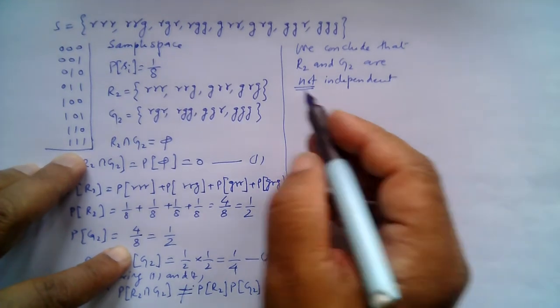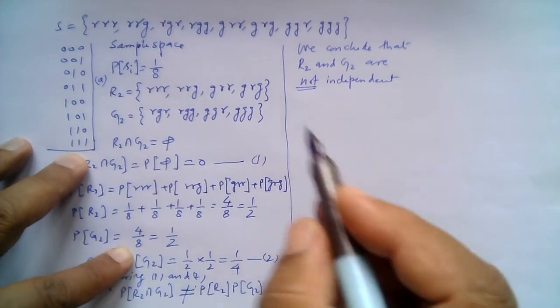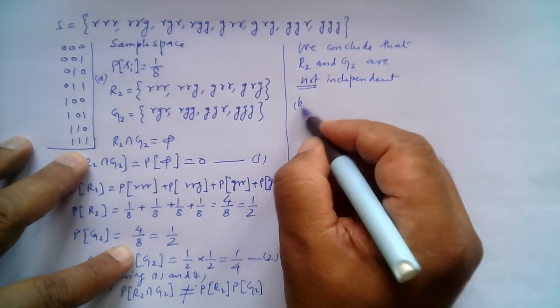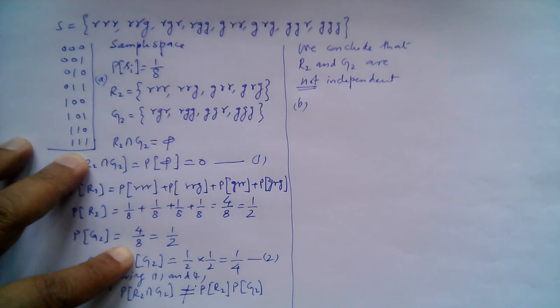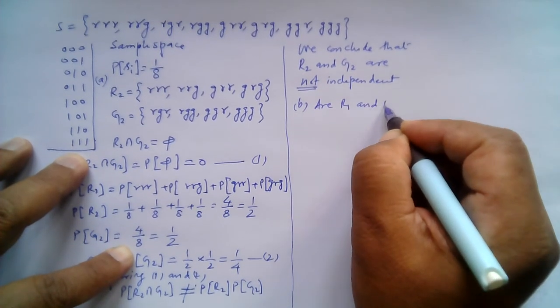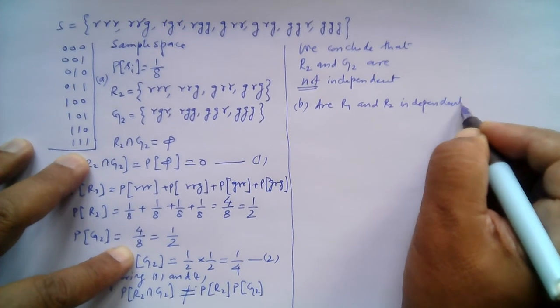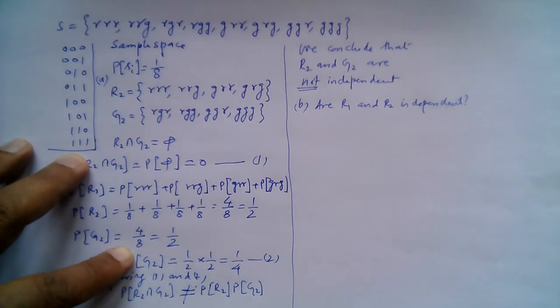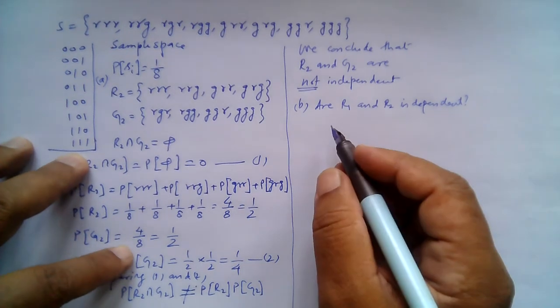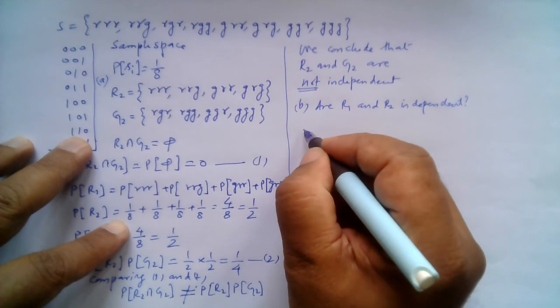Now the second part. This was our first part, R2 and G2, and now the second part, whether R1 and R2 are independent. This is our second part. So we have already found R2 here. Let's now find out the event R1.